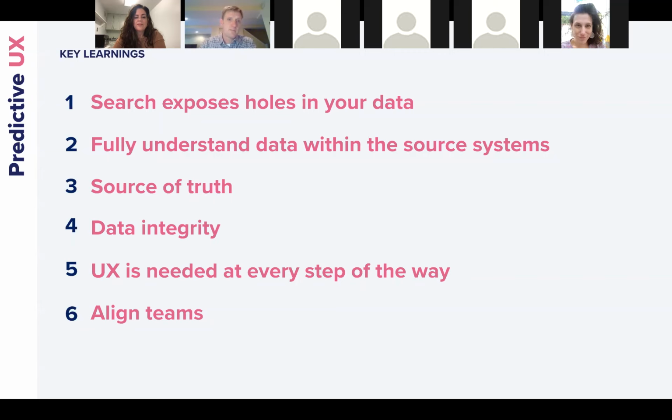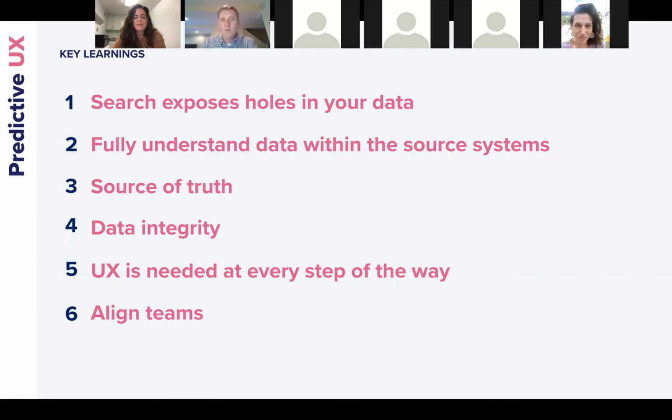The fourth key learning is data integrity. It is crucial. The long-term success of any data-driven project is going to be based on data integrity. So a large amount of effort and focus needs to go into making sure that the data pipelines you set up, and the data interactions going back and forth, getting back to single source of truth, are all crucial to making sure that the right data is being pulled at the right time for the right interaction, for the right action of the user.